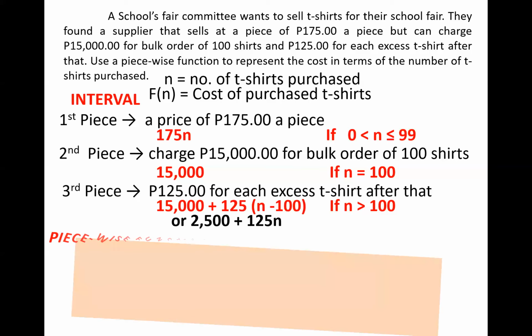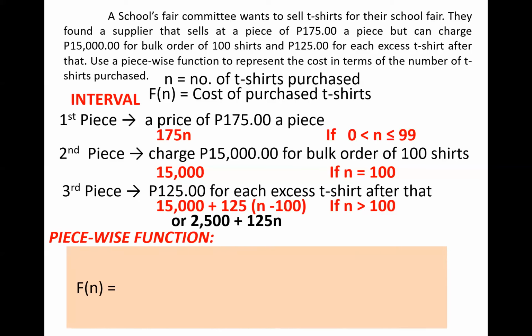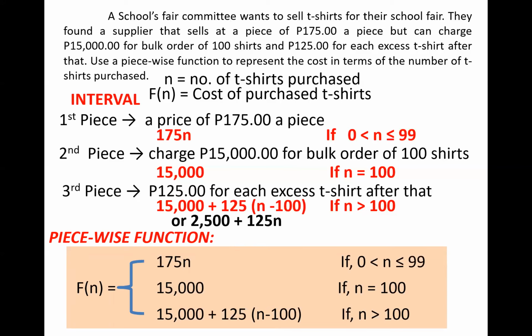Therefore, our piecewise function is f of n is equal to 175n if the number of t-shirt is less than equal to 99, greater than 0. 15,000 if the number of t-shirt purchased is equal to 100. And 15,000 plus 125 quantity n minus 100 if n is greater than 100.